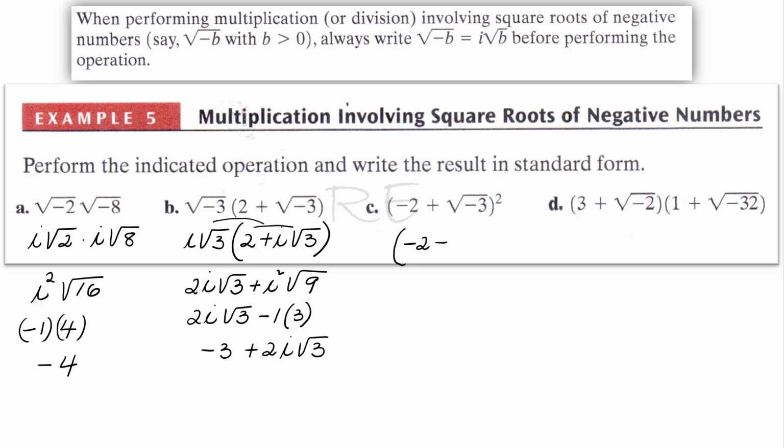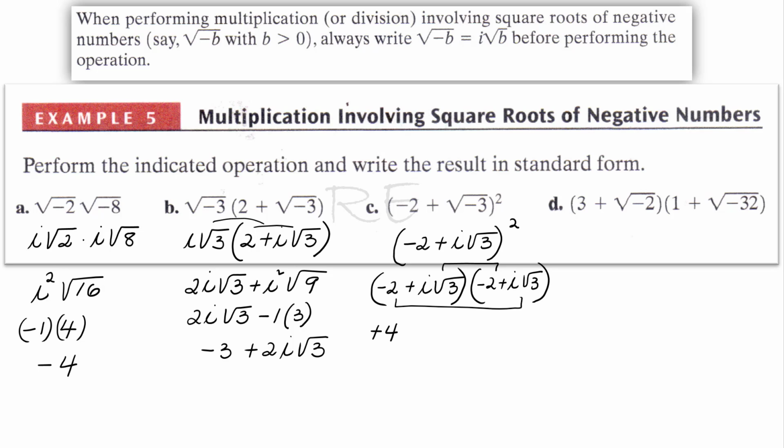So the answer is negative 3 plus 2i square root of 3. Next, negative 2 plus square root of negative 3 is i square root of 3, squared, which is negative 2 plus i square root of 3 times negative 2 plus i square root of 3. Negative 2 times negative 2 is positive 4.